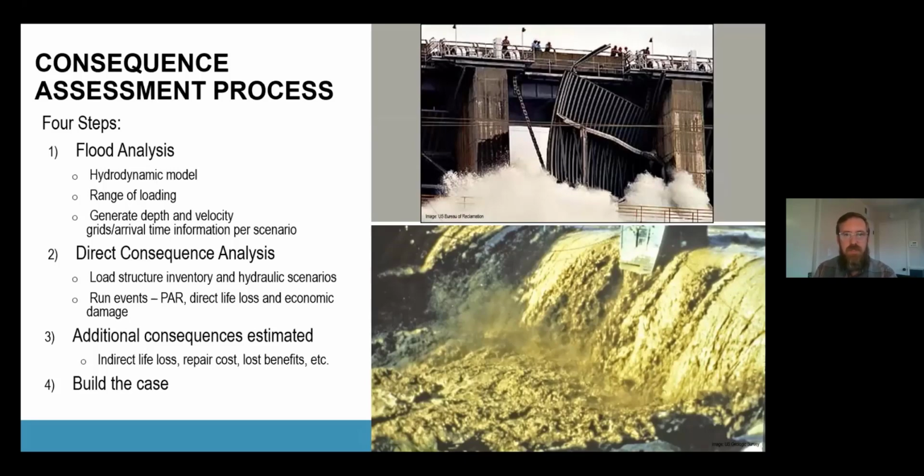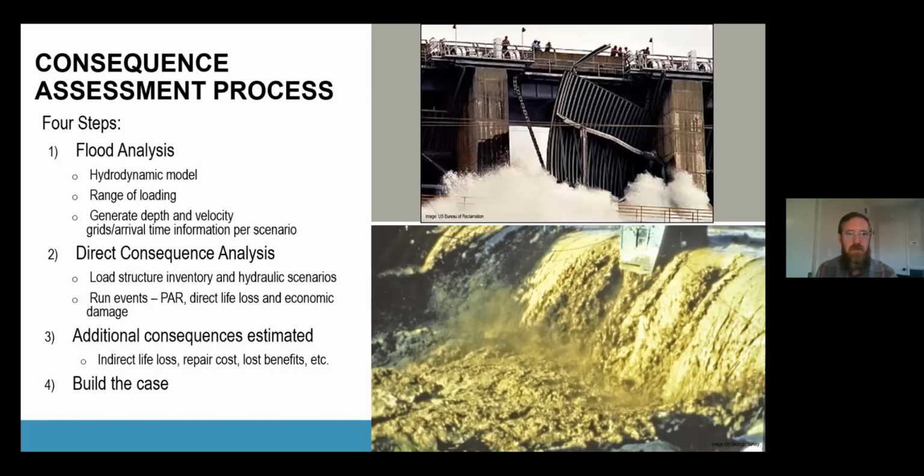So two examples here from dam safety world. The upper one is a gate failure, which has a much smaller floodplain than an overtopping event of the entire dam, which would result in failure of the whole dam. So that's much different hydraulics that would be input to the consequence model.